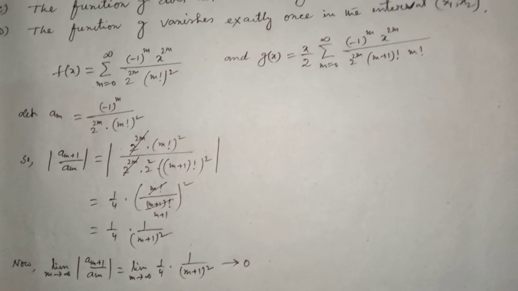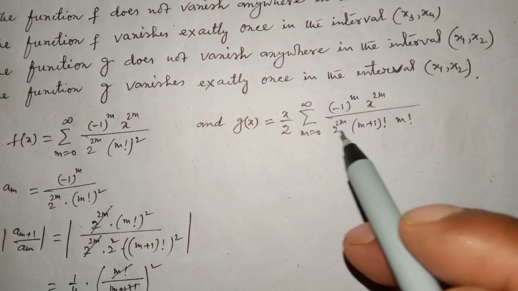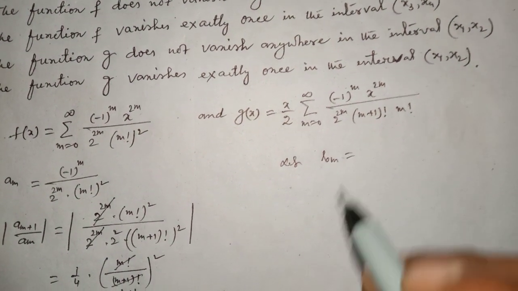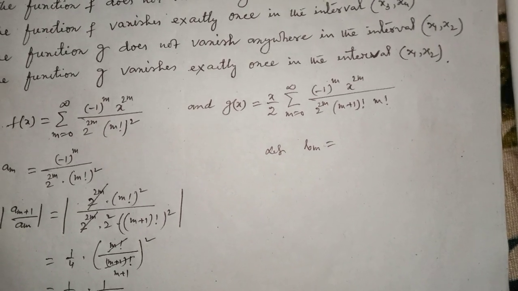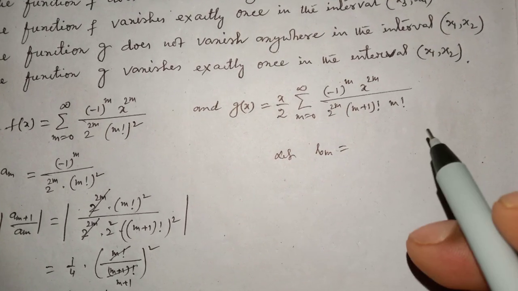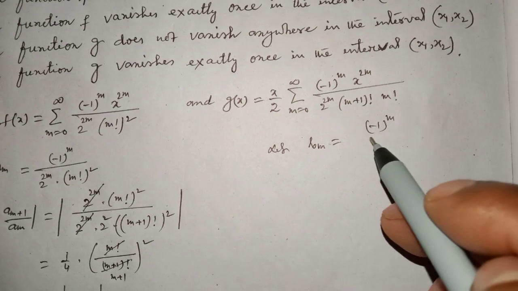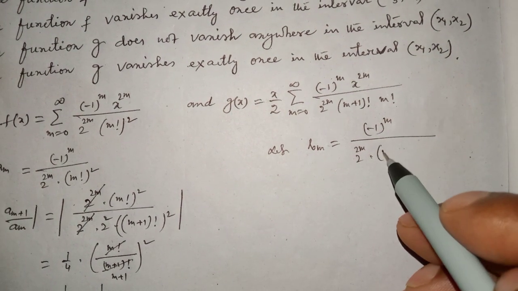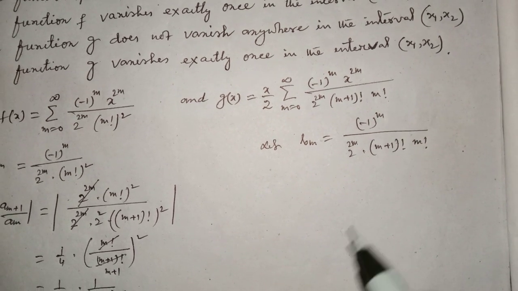Similarly, for the second power series, let b_m be equal to (-1)^m / (2^(2m) (m+1)! m!).